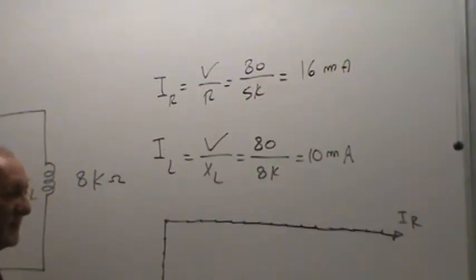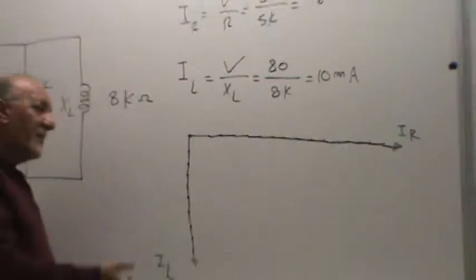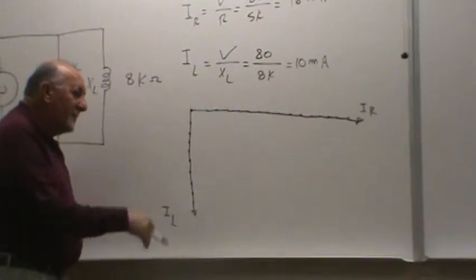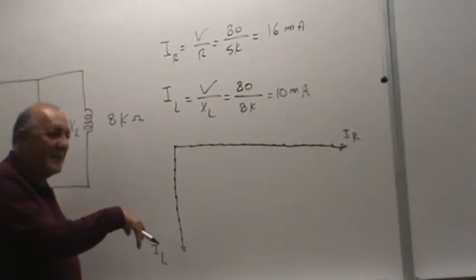And now you see what's going on here. I sub R has an angle of 0 degrees, and I sub L has an angle of minus 90 degrees.